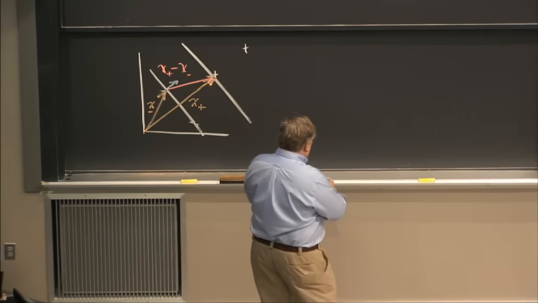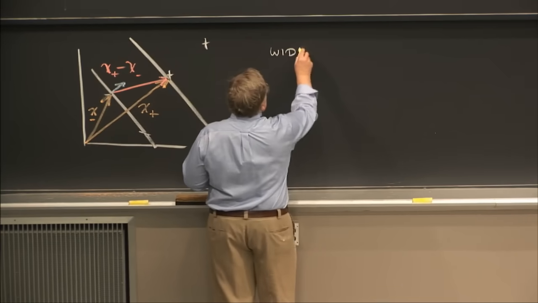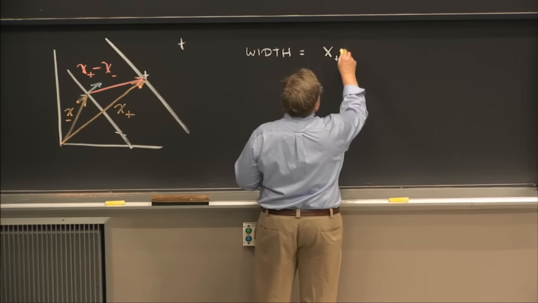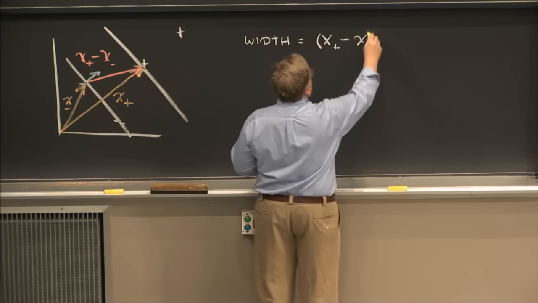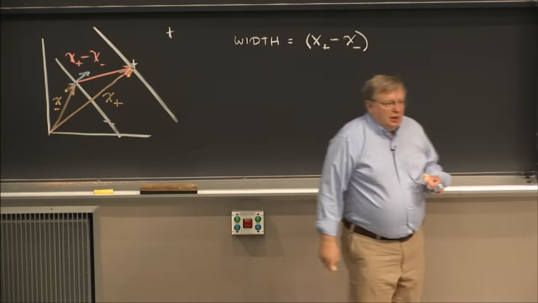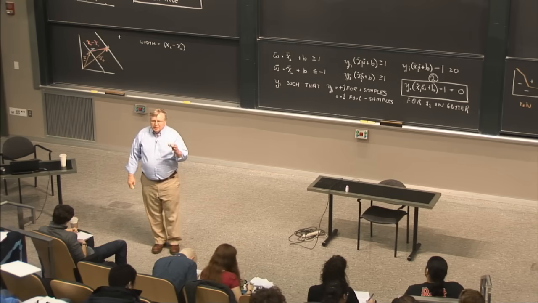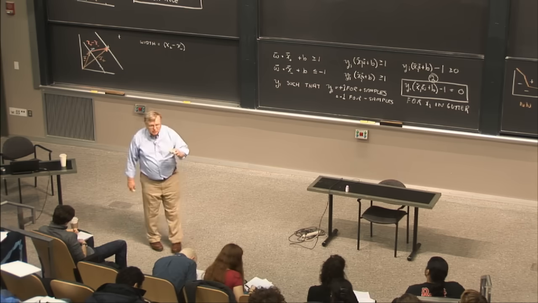So let me write that down before I forget. The width is equal to x plus minus x minus, okay? That's the difference vector, and now I've got to multiply it by a unit vector. But wait a minute, I said that w is a normal, right? The w is a normal.